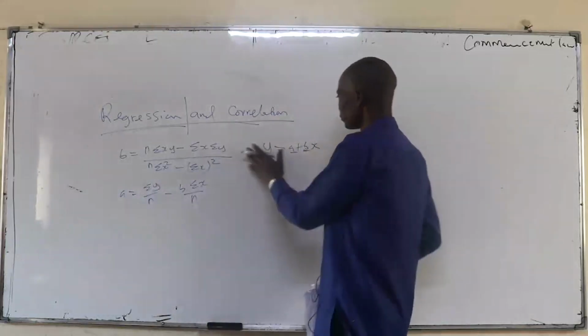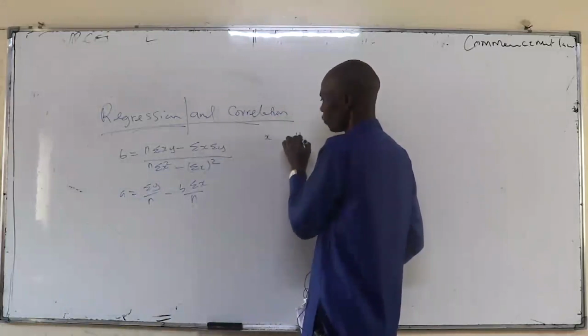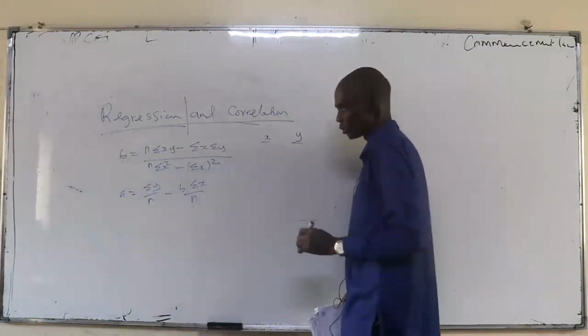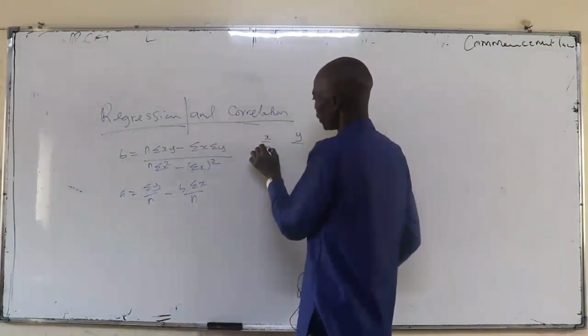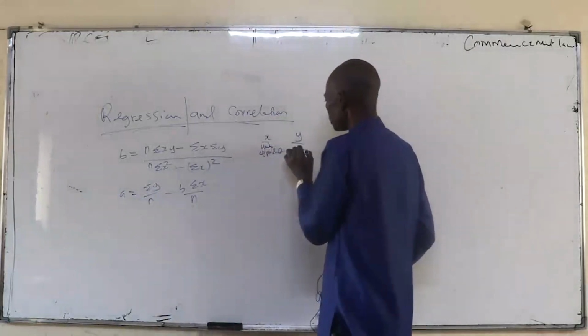Now suppose you have two sets of data, x and y. Let's suppose these are the units of production, and this is the cost in shillings.